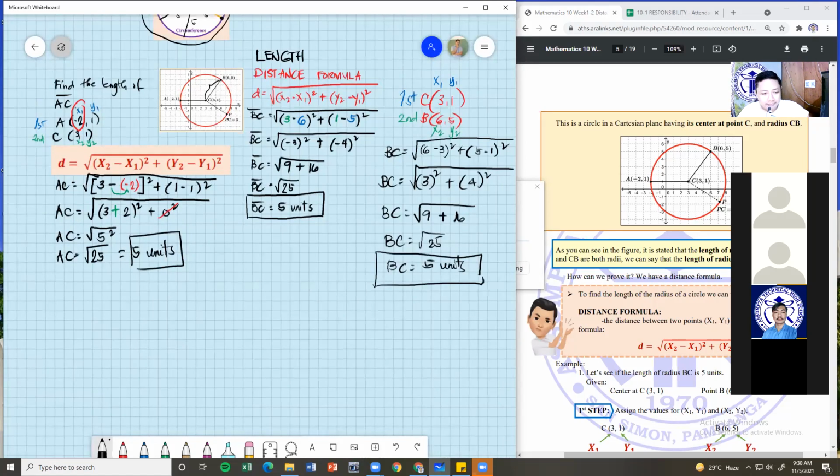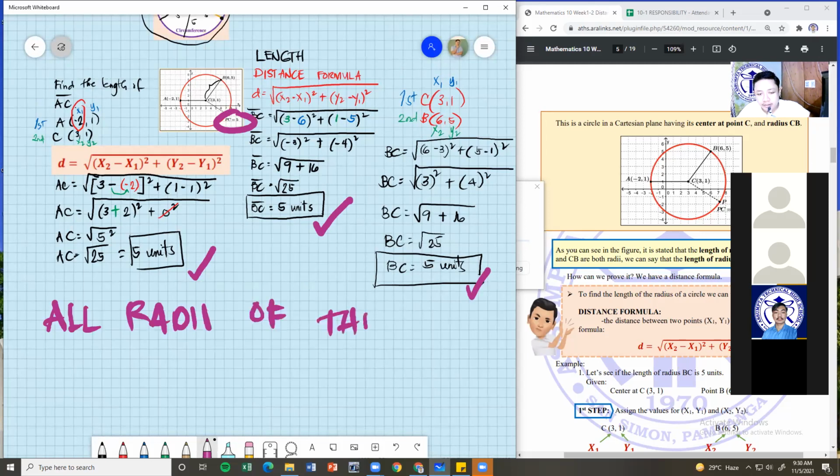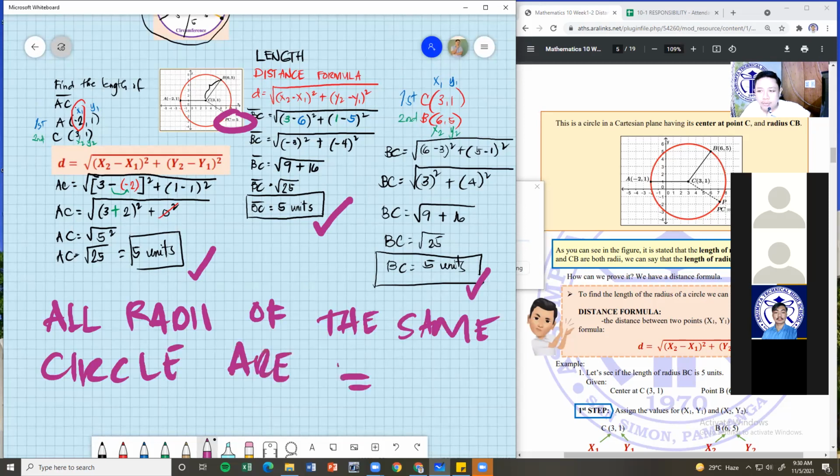In here, we got 5 units, 5 units, 5 units, and that PC is also 5 units, simply because all radii of the same circle are congruent. When we say congruent, pare-pareho yung haba nila. They are all equal.